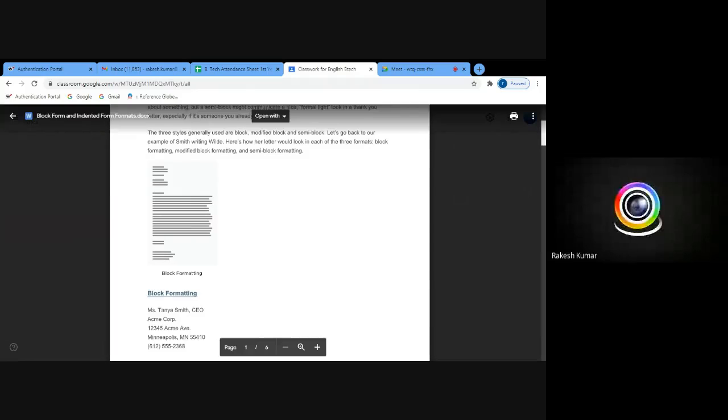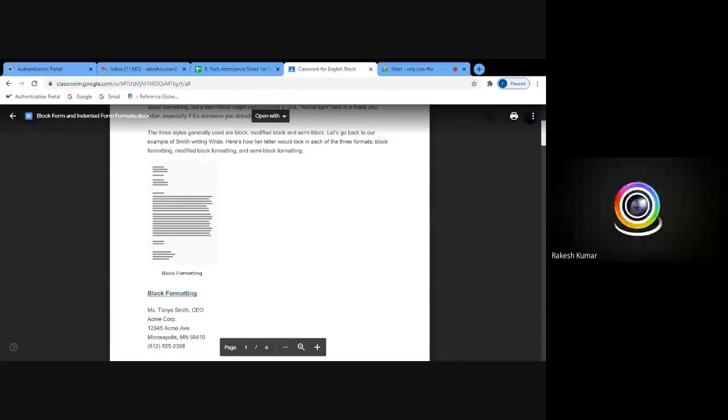In business or professional formal writing, the maximum usage is of block format, because it is easy to remember. You need not remember on which side to use the date or something else. The format says you align everything on the left hand side, and that alignment is called full block format.